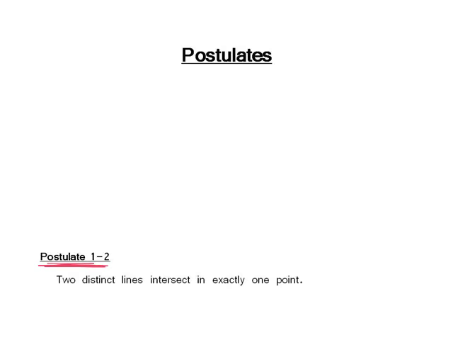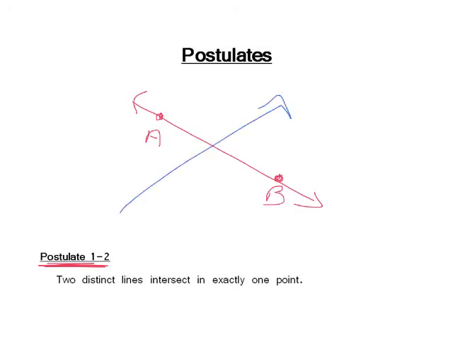So that means if I have, let's say, this line here, and we're going to call it A, B, and then I have another different line, let's call it D and E, okay, they intersect at exactly 1 point. We'll call it point C. There's no other way they can intersect in more than 1 point, otherwise they wouldn't be lines.